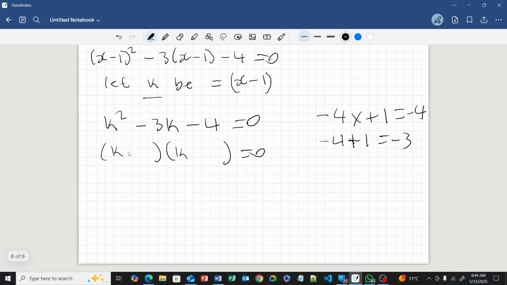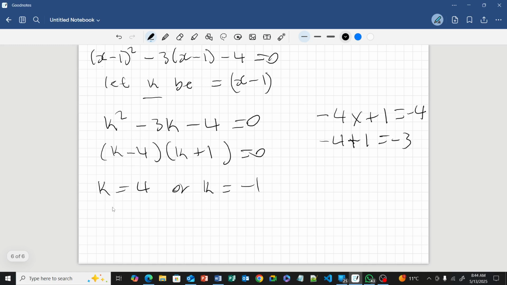So I'm going to make use of minus 4 and a plus 1. Therefore k is equal to 4, or k is equal to minus 1.